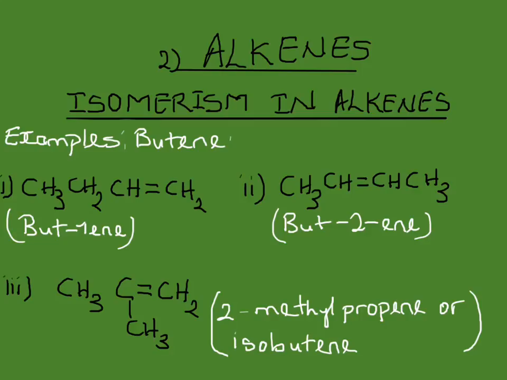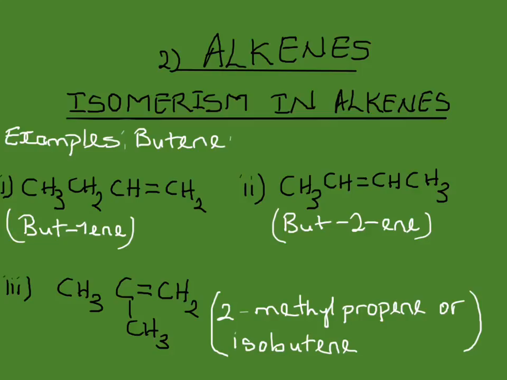Then you go further to see that the isomers 1 and 3 are chain isomers. 1 is a straight chain isomer and 3 is a branched chain isomer.